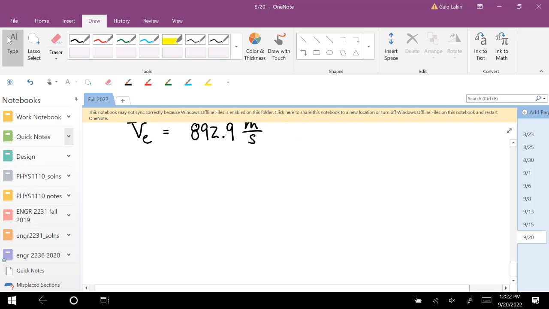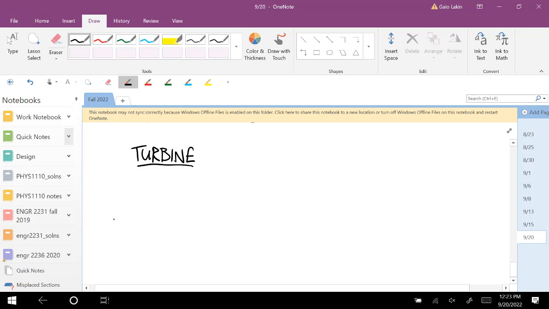Okay, so the next device is a turbine. With turbines, you basically use a change in pressure on the two sides of this device to produce work of some kind. It can be mechanical work, but usually it's electrical work. And it looks something like this. You have a shaft connected to, these are like side views of wheels, and the turbine blades are like this.